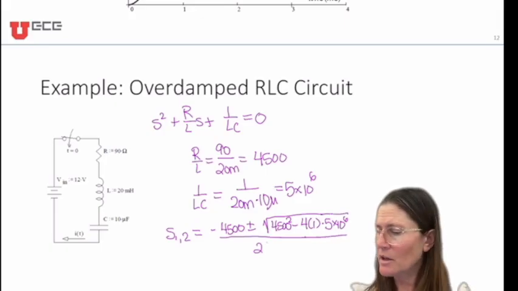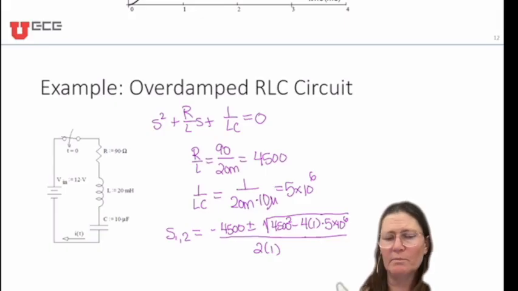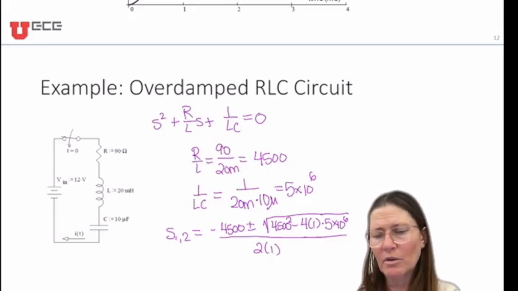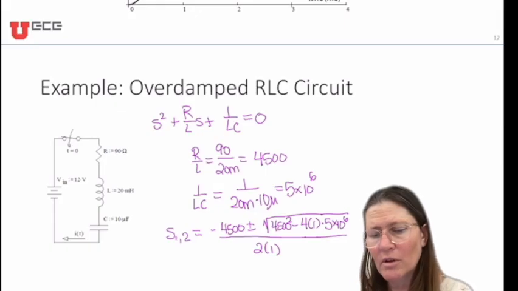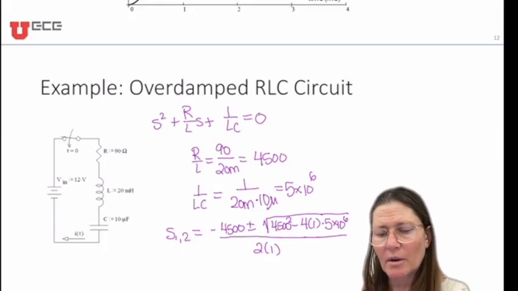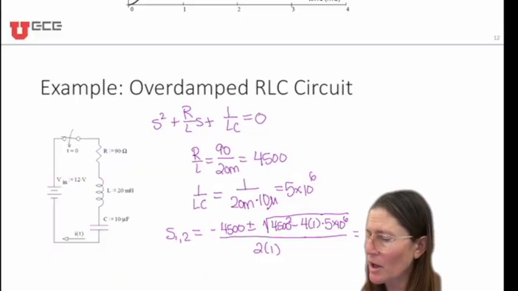And then a is 1 again, so 2 times 1. So this ends up being minus 2,500 and minus 2,000.